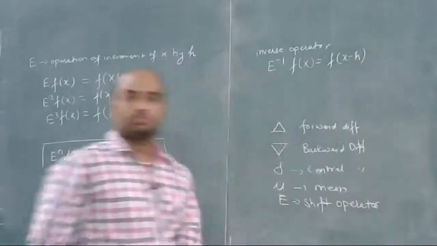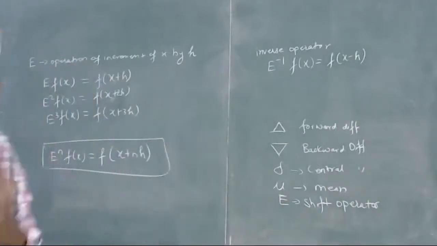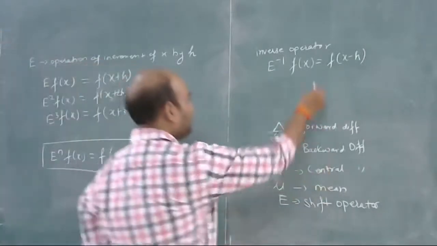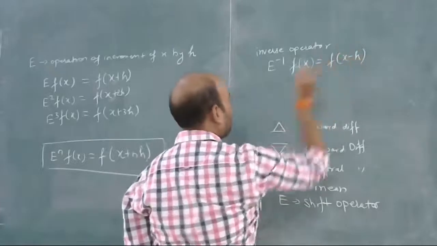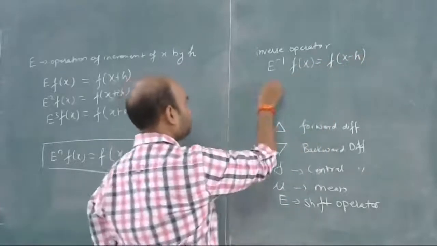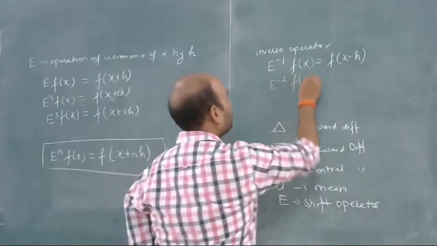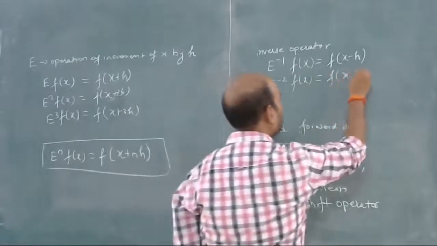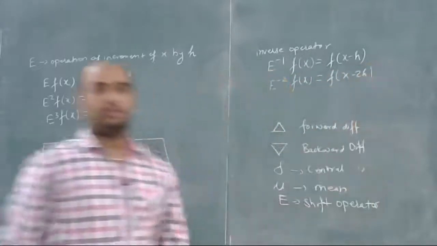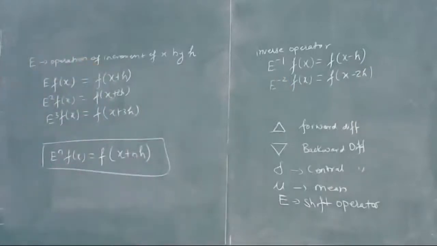If E inverse is there, it will decrease the value of x by a small step h. E to the power minus 2 f of x will be equal to f of x minus 2h and so on.